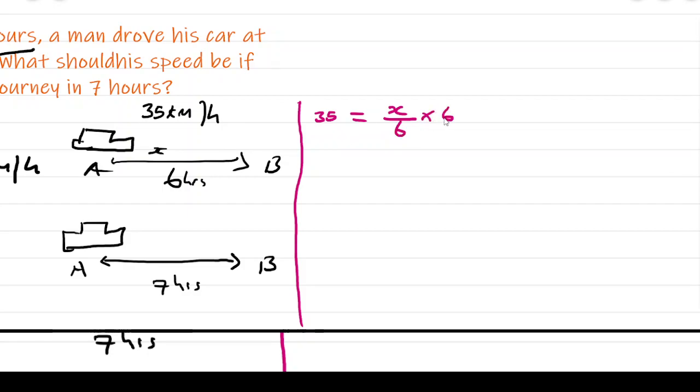So multiply both sides by 6, and when 6 cancels out 6, x will be equal to 6 times 35. I will not multiply this out first because I'll need it later on probably. So this is the distance the man traveled: 6 times 35 kilometers.